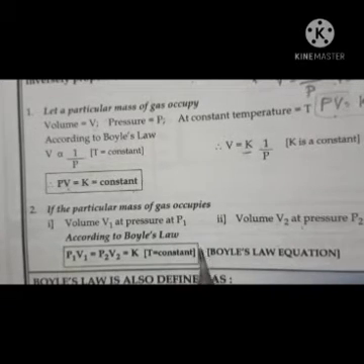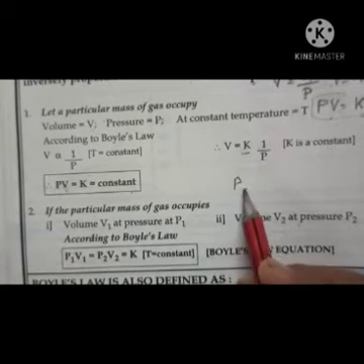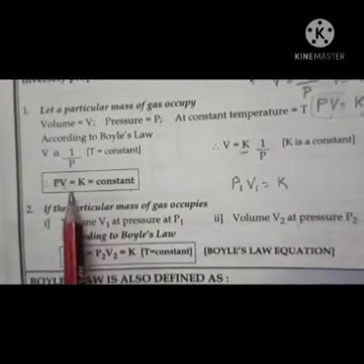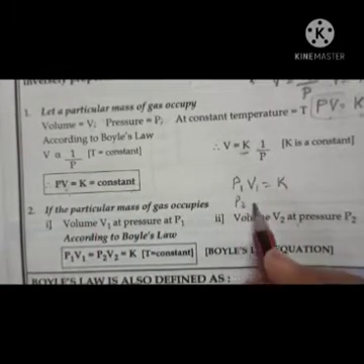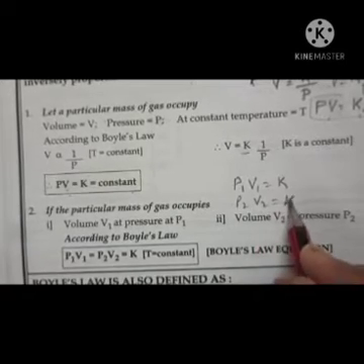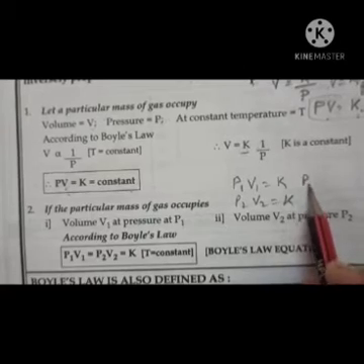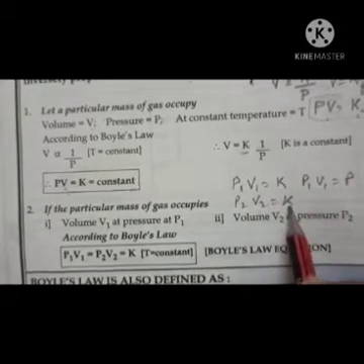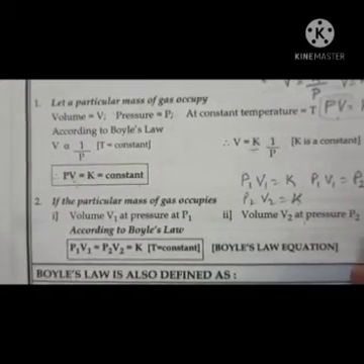According to Boyle's law, P1 V1 is equal to K, and P2 V2 is also equal to K. Because both are equal to the constant K, P1 V1 is equal to P2 V2.